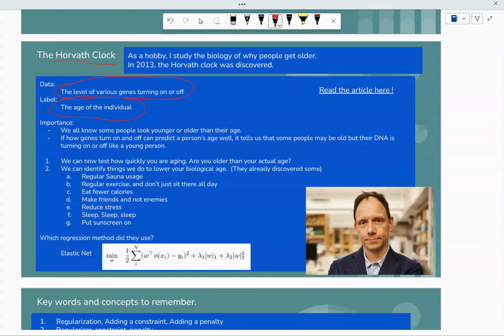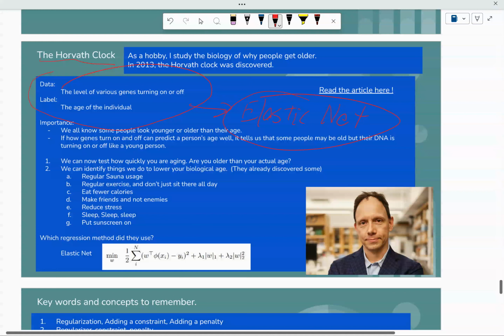As a result, it gives us a strong indication that how old we are is essentially just patterns of our genes turning on and off, changing throughout time. And guess what? With this algorithm, they ran it using elastic net. A pretty simple algorithm was able to essentially achieve this.